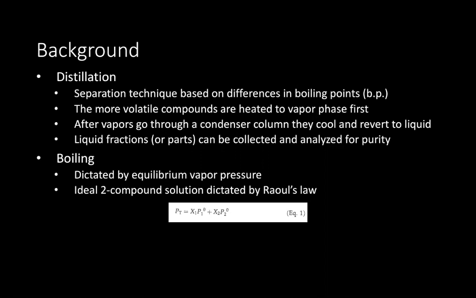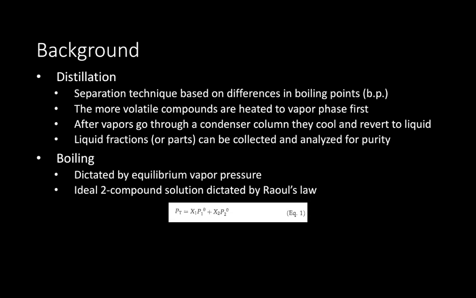Just as a bit of a reminder, you're probably familiar with distillation to some degree from your discussion of gas laws in general chemistry. Distillation is considered a separation technique. It allows us to separate compounds based on their boiling points. If you have two compounds, one of them is going to be more volatile than the other, or have a lower boiling point.